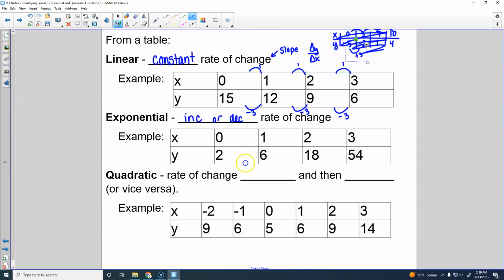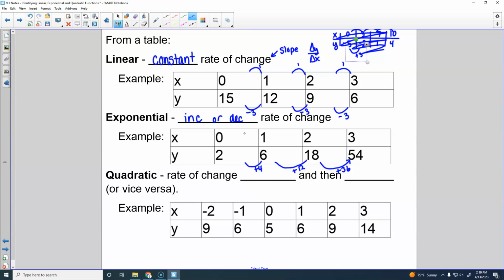So like if we look at this one, I go from 2 to 6, which is up 4. The next is up 12. And then the next one is up a lot more than that. 36. That looks right. Okay, and then the x's were just increasing by 1. So this would be the case where we're growing a lot, more and more and more.